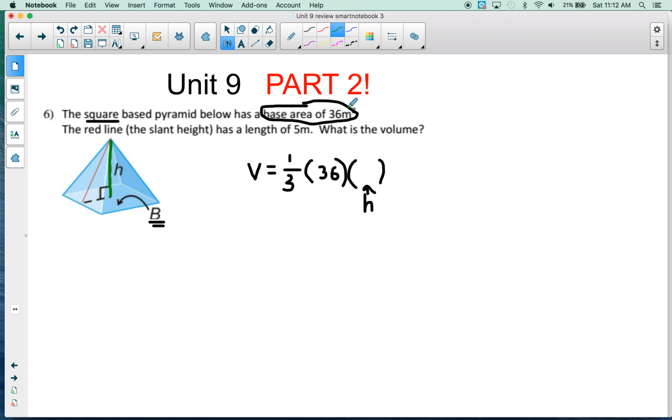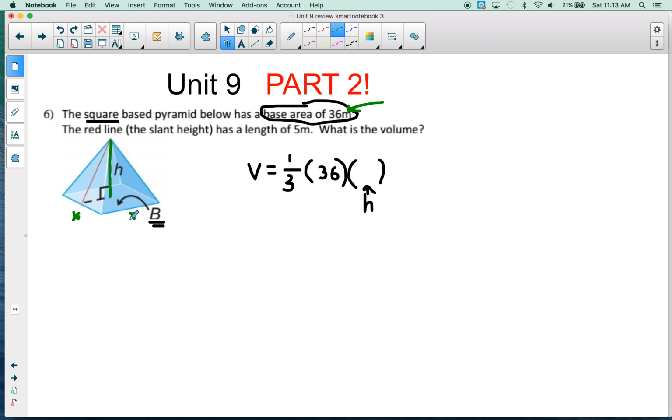So we're going to use this information of 36 meters squared for the base area. Now this is a square, so we know that something times something that's exactly the same equals 36. Well, that sounds distinctly like the square root. In other words, what two numbers multiplied by themselves? Because they're the same, whatever this is, x, this is x.